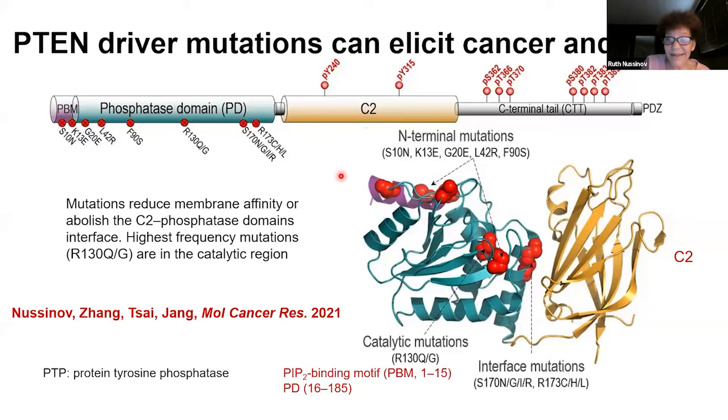In PTEN's case, it is autism. So we became very interested in this scenario of mutations occurring in the same proteins and sometimes the same mutations leading to cancer and neurodevelopmental disorders.